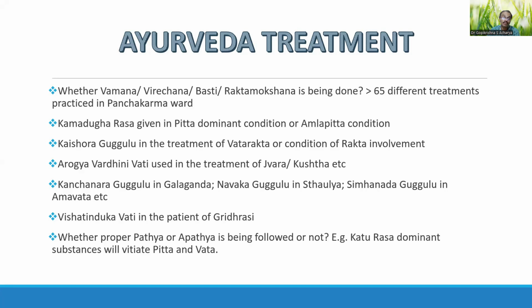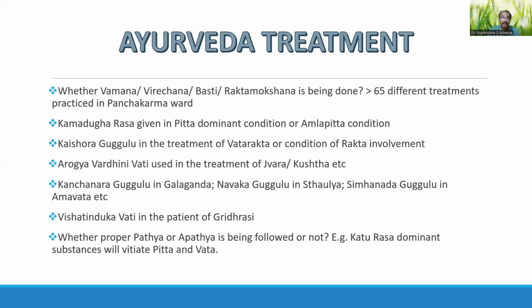Kanchanara Guggulu is used when the person is suffering from Galaganda, or neck swelling. Navaka Guggulu is used in a person suffering from Sthaulya, or obesity. Simhanada Guggulu is for those suffering from Amavata. Vishatinduka Vati is specifically given in a patient suffering from Gridhrasi.